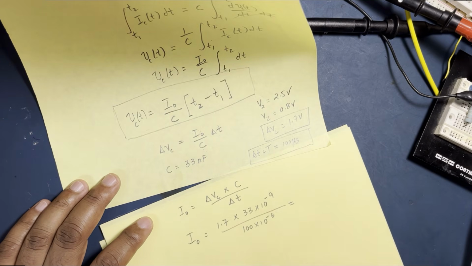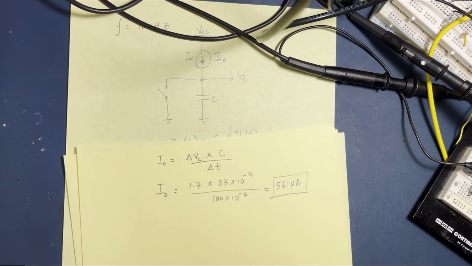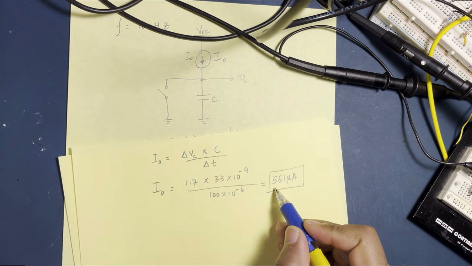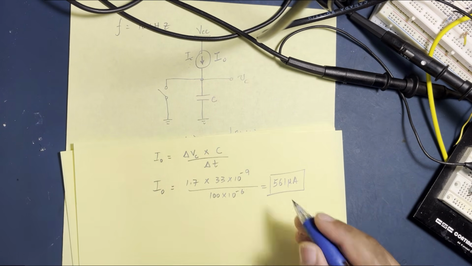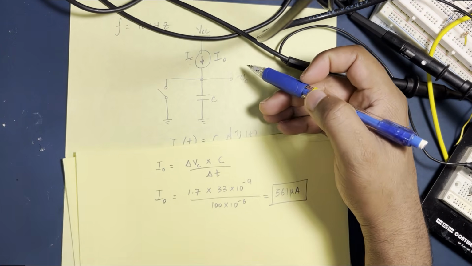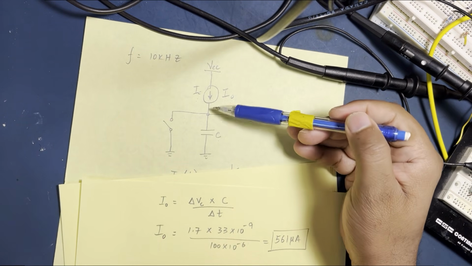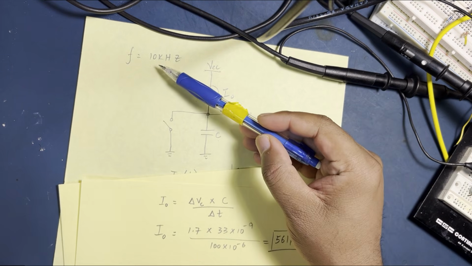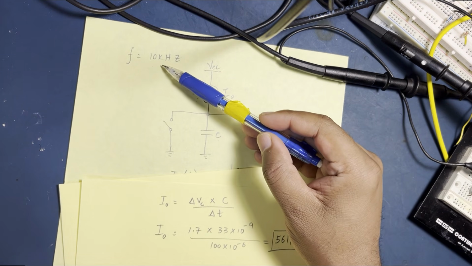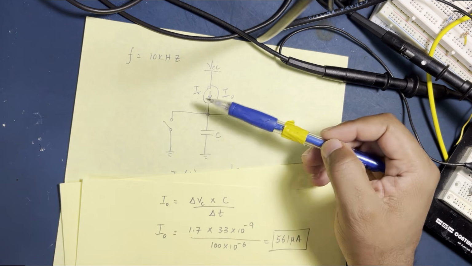If we do this calculation, what we get is 561 microamps. So we have to design our current source to give us 561 microamps into the capacitor. That is going to give us the required frequency of oscillations of 10 kilohertz, a ramp voltage of 10 kilohertz.